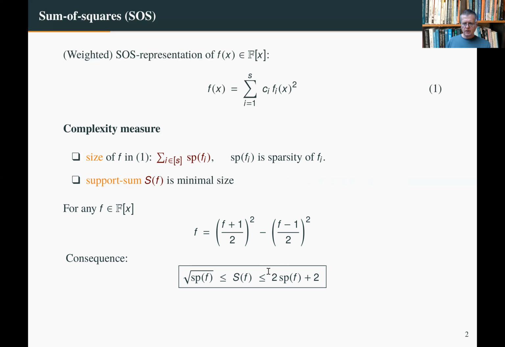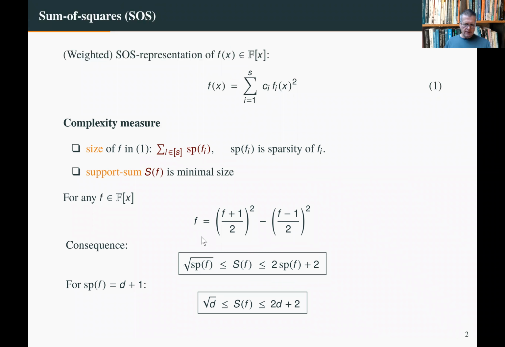So this gives you 2 times the sparsity of f. The plus 2 is for the constant terms. And so this is an upper bound for support sum. And we also have a lower bound of square root of the sparsity of f. This is simply by counting monomials, because you square, you need at least square root many monomials as f has.